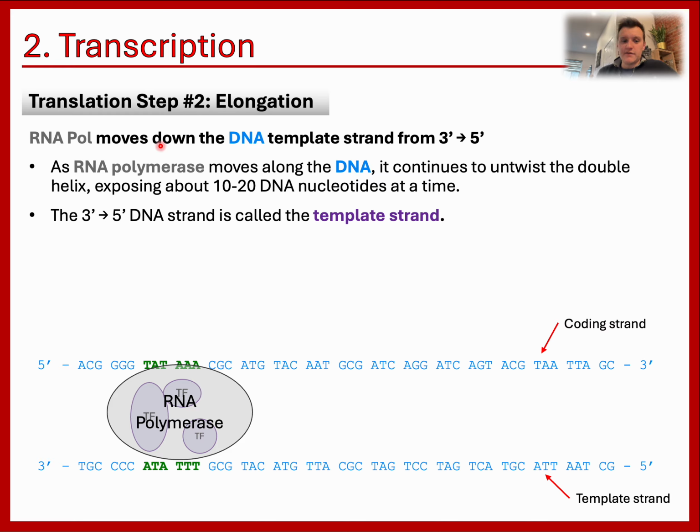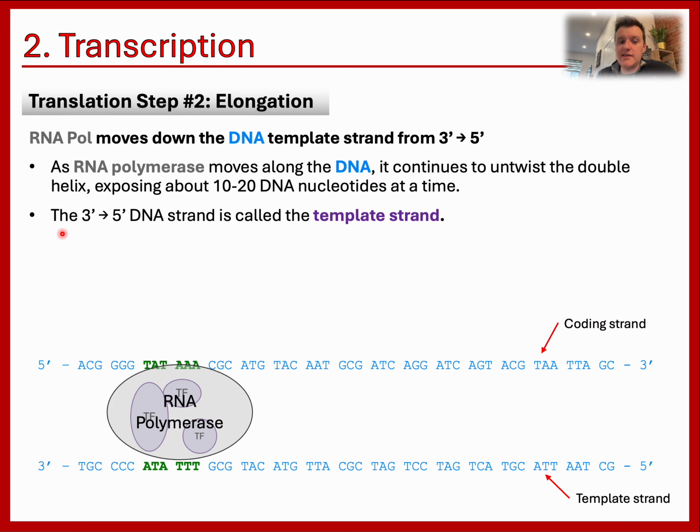Step 2 of transcription is called the elongation phase. RNA polymerase moves down the DNA template from 3' to 5', right? As RNA polymerase moves along this DNA, it continues to untwist the double helix, exposing about 10 to 20 DNA nucleotides at a time. We don't care about that.